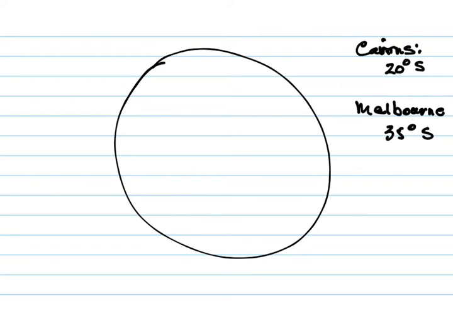So now we know they're on the same line of meridian. Okay? So we can just place them on a circle. Let's say that that's Cairns and that's Melbourne. The equator is in the middle at 0 degrees. But what do you notice about both of these points? Is one above the equator and one below? No, they're both below. So what I'm doing is looking for the distance between them.